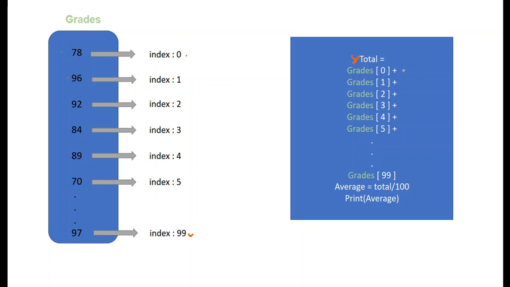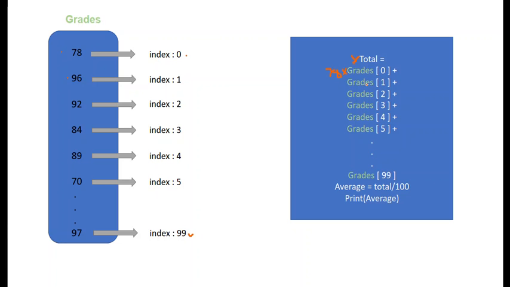And we do that by referencing each grade individually or separately. So we start by referencing the first grade in the list. How do we do that? By first specifying the list name, which is grades, followed, as we agreed, by the index number of the first element, which is 0. So grades of 0 will be evaluated to 78 by Python.